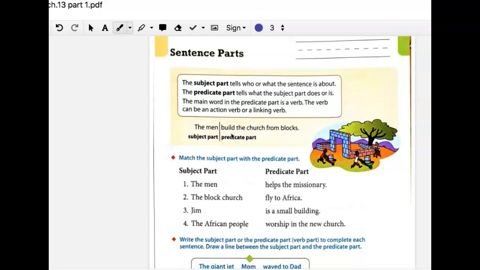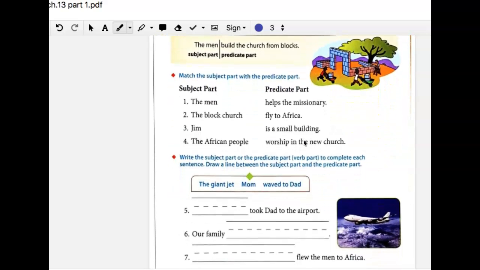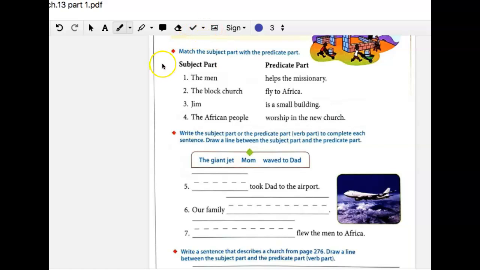And this verb can be an action or linking verb. In this sentence, the verb is an action verb. So, build the church from blocks is the predicate part of this sentence. Let's try number 1 together. Numbers 1 through 4, you're going to match the subject part with the predicate part.